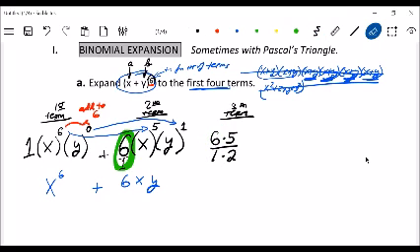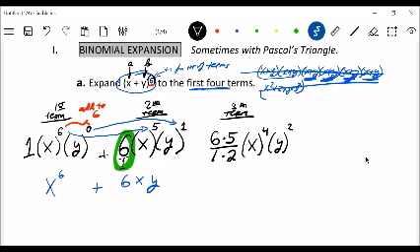Let's now erase that part of the green one. And then we're going to do these exponents again, x, but now down 1, and y up 1. So from 5 to 4, and from 1 to 2, and it still adds up to 6. And here, the 2 goes into the 6 3 times. 3 times 5 is 15, and we have x to the 4th and y squared.